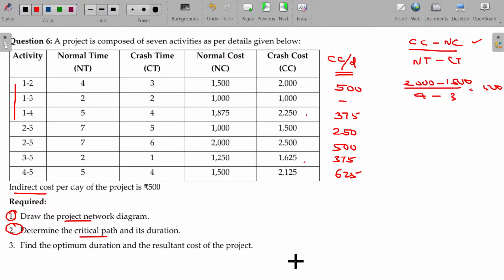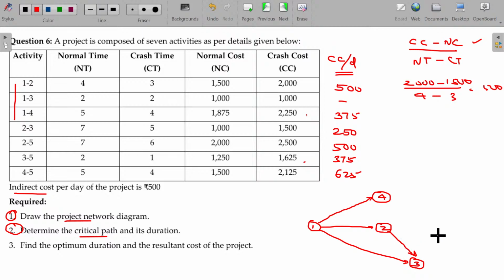So I may draw this way. 1 to 2, 1 to 3, then 1 to 4, 2 to 3, 2 to 5, 4 to 5, 3 to 5.